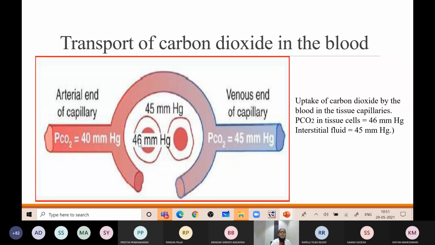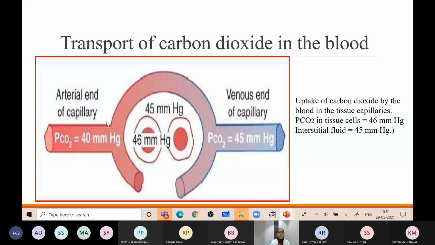So there is a pressure difference of only 5 to 6 mm of Hg, whereas for oxygen transport the pressure difference is around 64, isn't it? 64 to 65 mm of Hg, but for carbon dioxide only 5 to 6 mm of Hg is present. This pressure difference is enough for transport of carbon dioxide from the tissues to the blood.